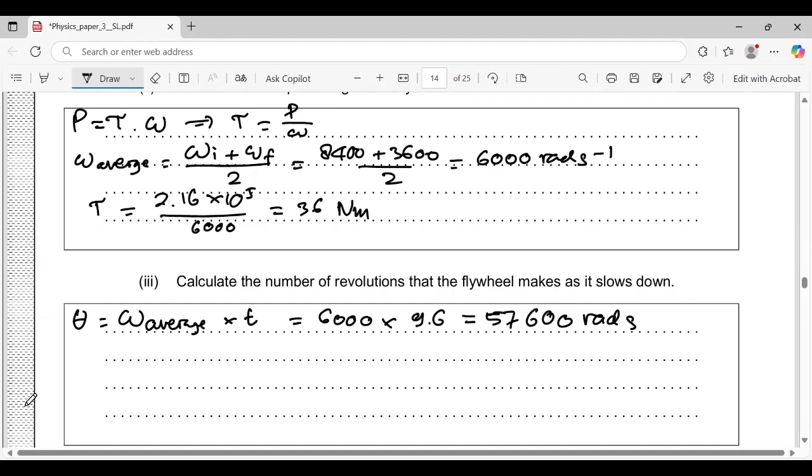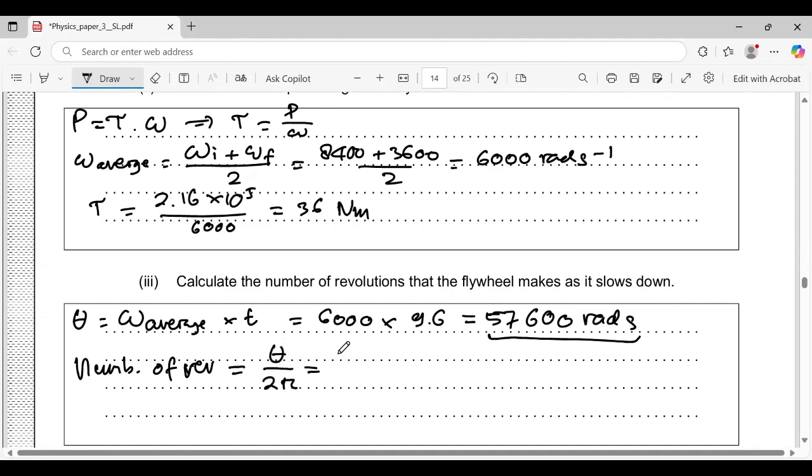radians. And we are going to convert this number in radians to revolutions. The number of revolutions equals theta over 2 pi.